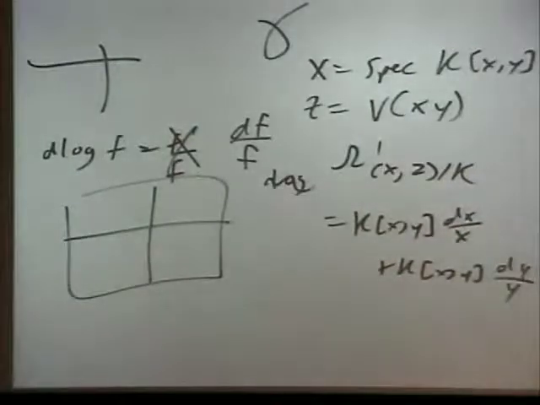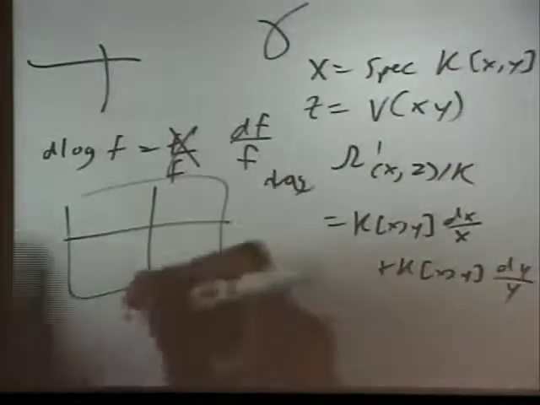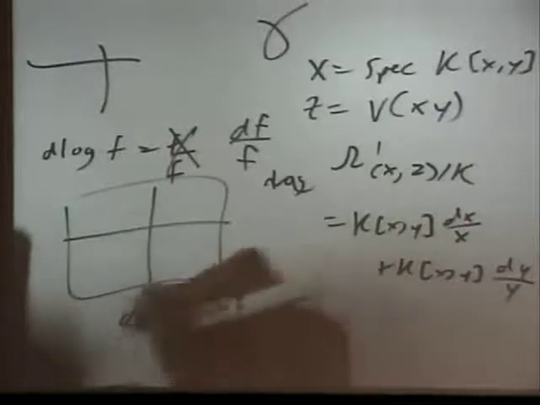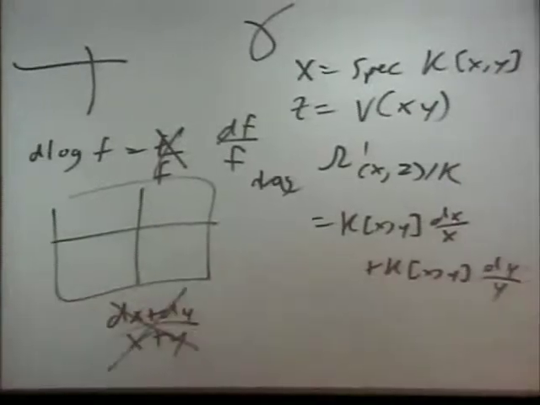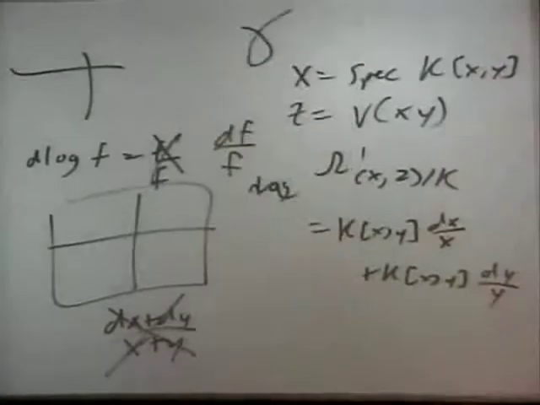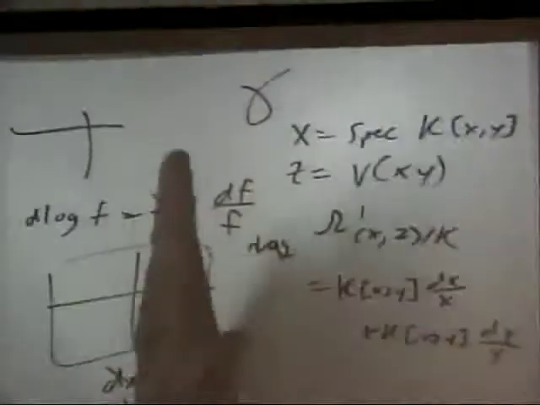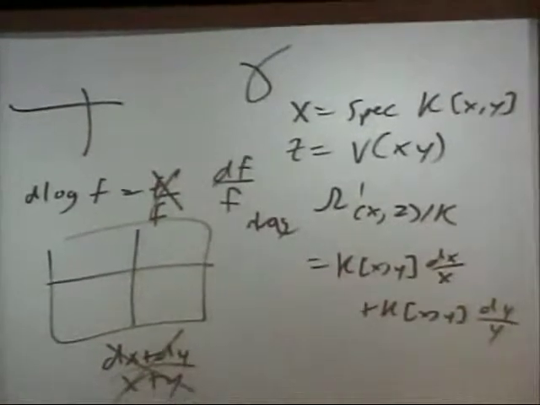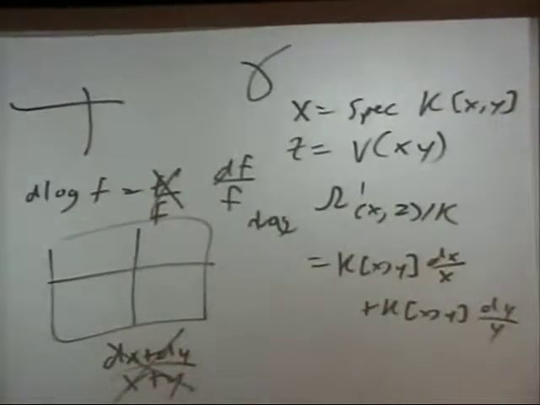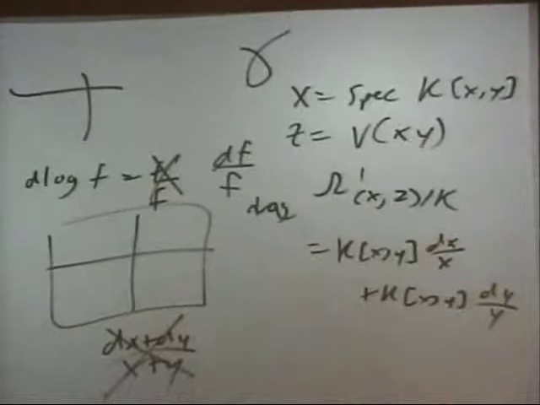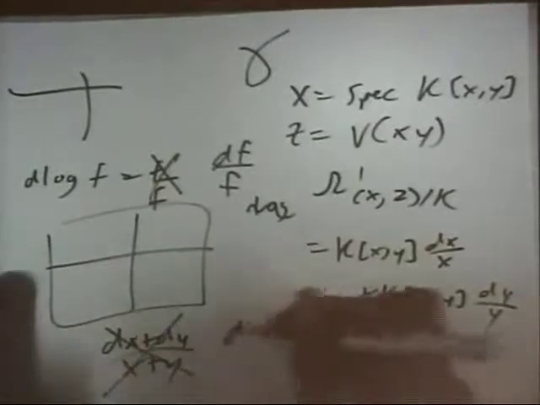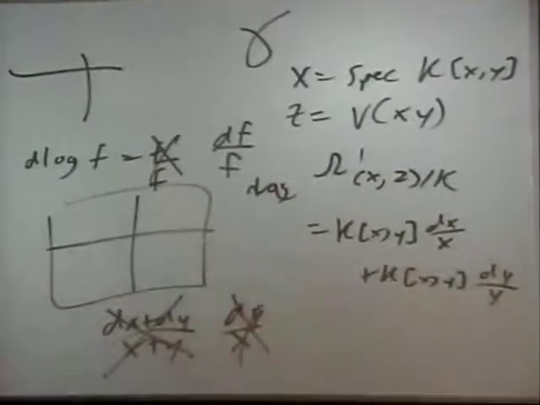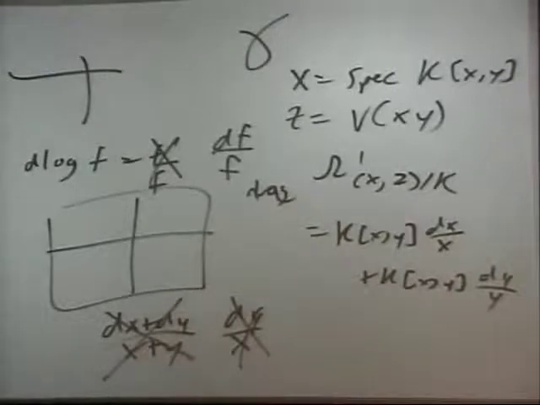But you can't have something like (dx plus dy) over (x plus y), because x plus y does not vanish in the right places. But x and y vanish on my complementary divisor, so you're allowed to take d logs of those. You also can't have 1 over x by itself, and dy over x is no good, because that's not a log differential. It's not d something over something times other stuff.